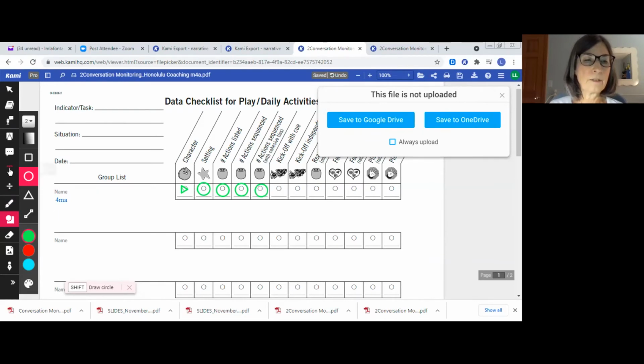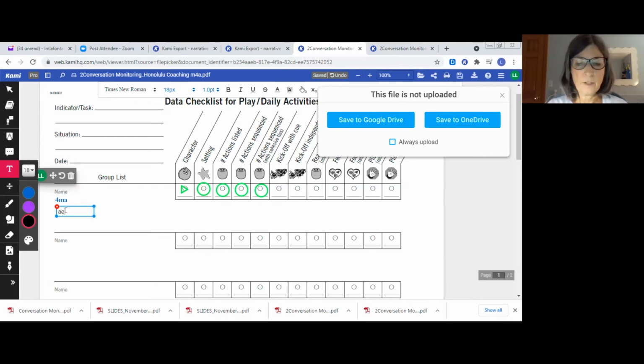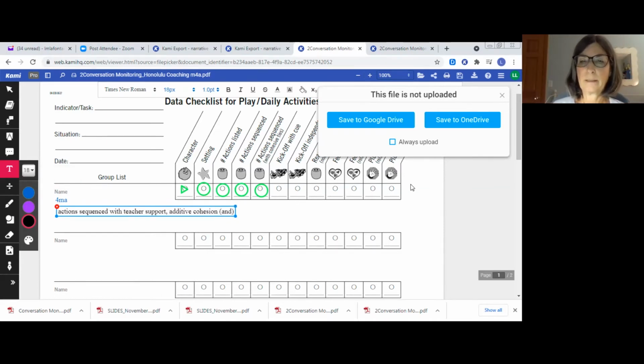So we can add another text box here and just say that the actions were sequenced with teacher support. And then we could say additive cohesion, and just put in parentheses what it was. So you can use this form in any way you would like. Mary Ellen, you can go on and add some more.